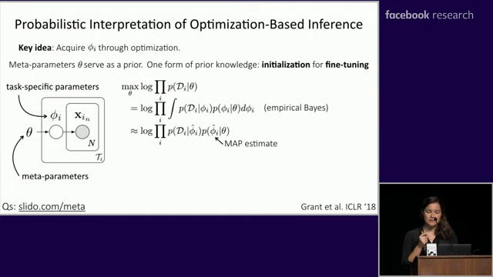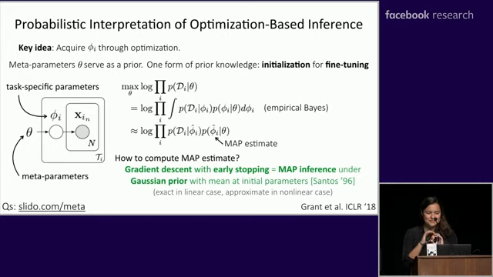This is a fairly crude approximation, but one thing we can interestingly show is that if you compute the MAP estimate, gradient descent with early stopping corresponds to MAP inference under a Gaussian prior with mean at theta and a variance that's a function of the number of gradient descent steps and the learning rate.